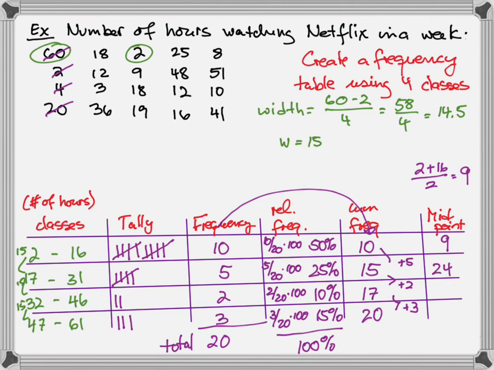And we get the second midpoint, 24, plus 15 is 39, and plus 15 is 54. That's how you find the midpoints. Once you have the first one, of course, you can go through the formula, or a shortcut is adding the width to get your midpoints.